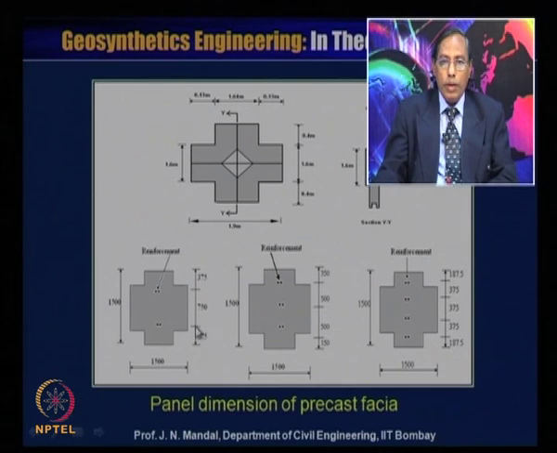This is 375, this is 375 millimeter, and this is 750. So, you can give one layer of the geogrid material here, another layer of the geogrid material here, and then you place another panel here.